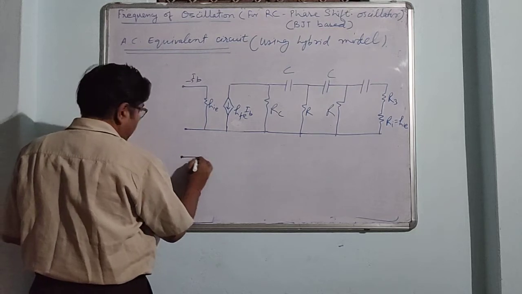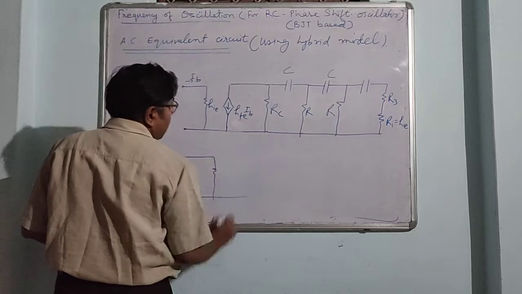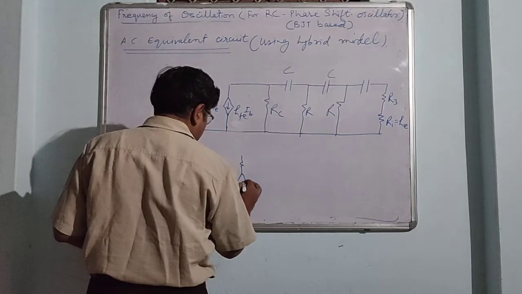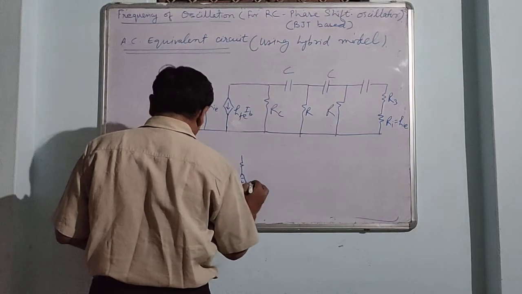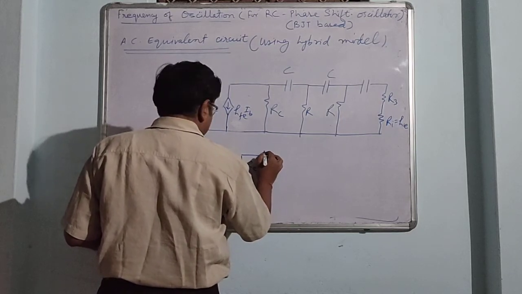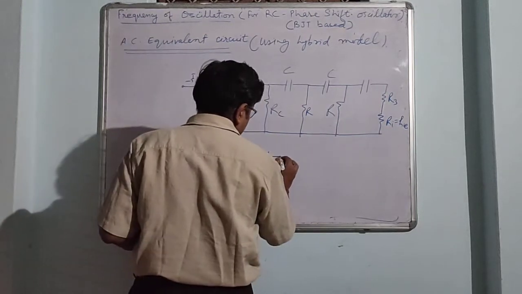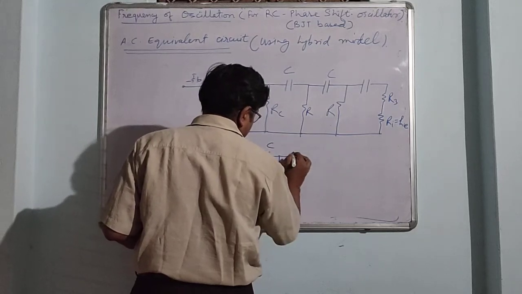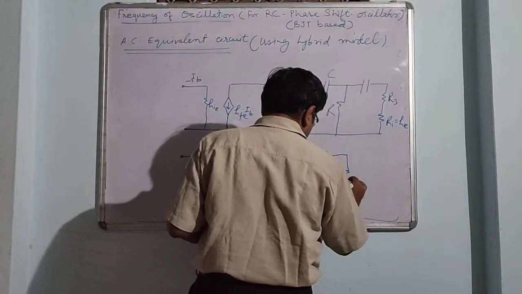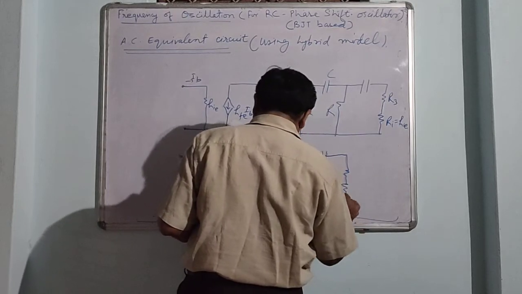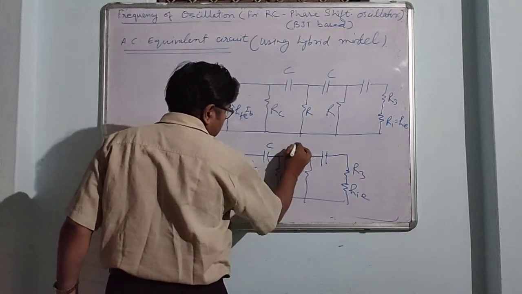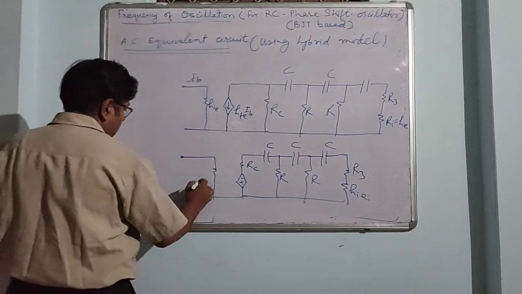We convert this into a voltage source, RC with a voltage source here, and this parallel resistance, and we have three combinations of RC, CR, then again CR, then again C. You can write here this is R3 plus hie.